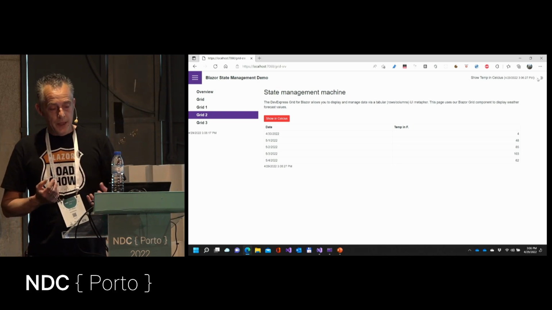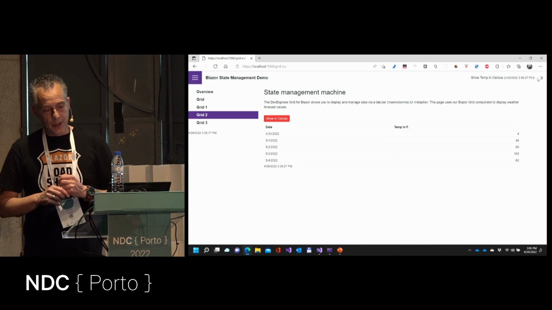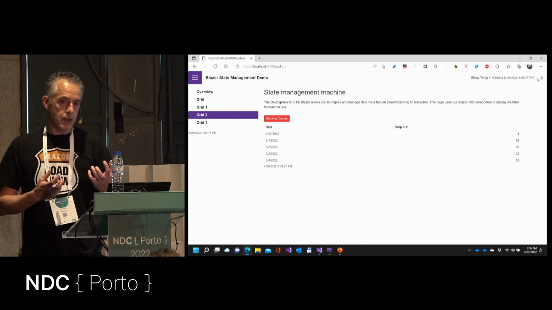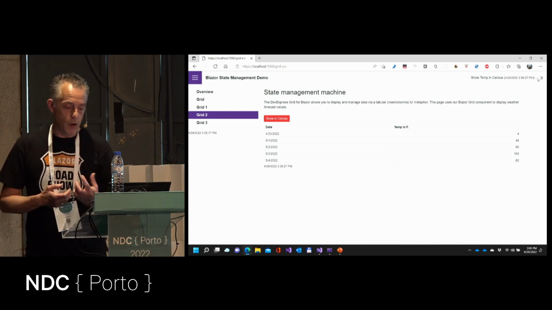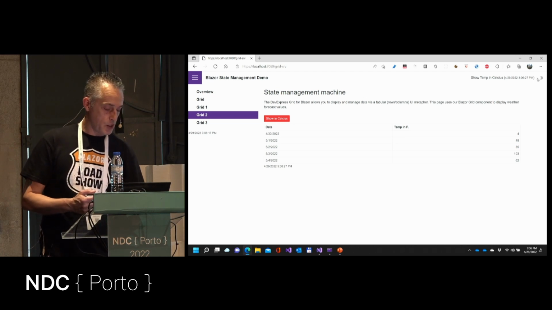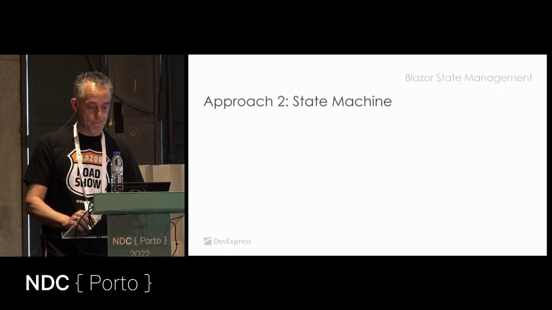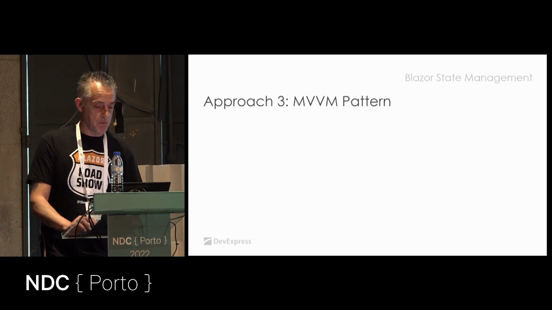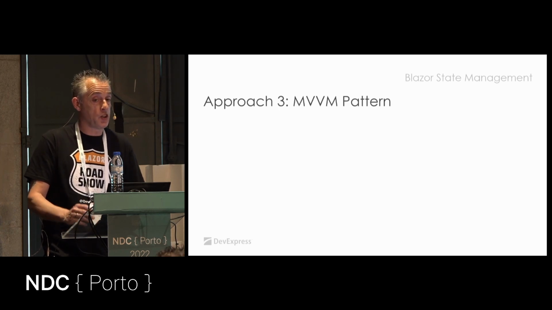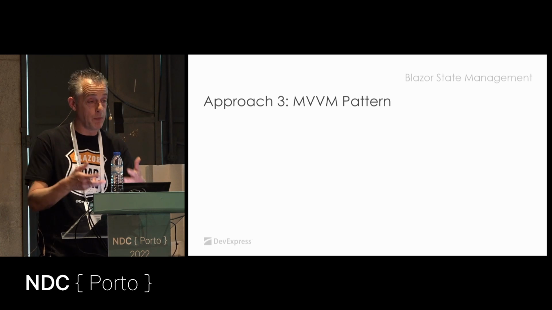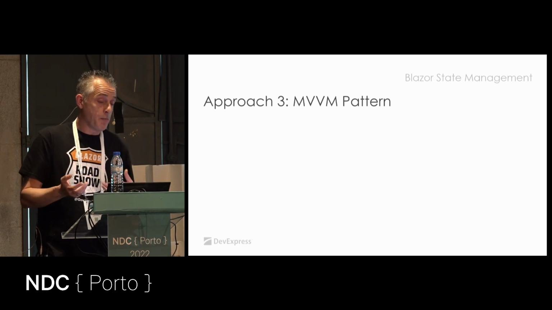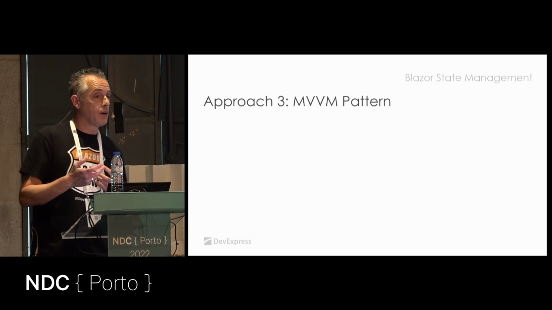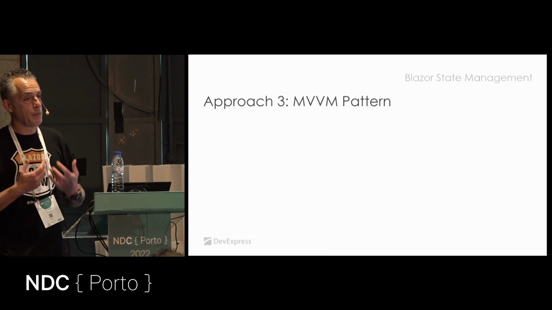As a result, we can take this one a bit further down the road. I mean, this state machine kind of approach. We could also go for another approach, which is the good old MVVM pattern, which lends itself excellently to Blazor. It does depend a bit on the amount of complexity that you want to put in your application.